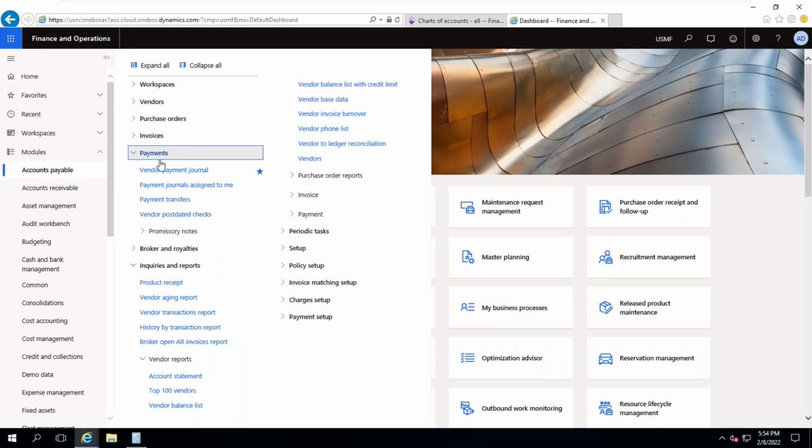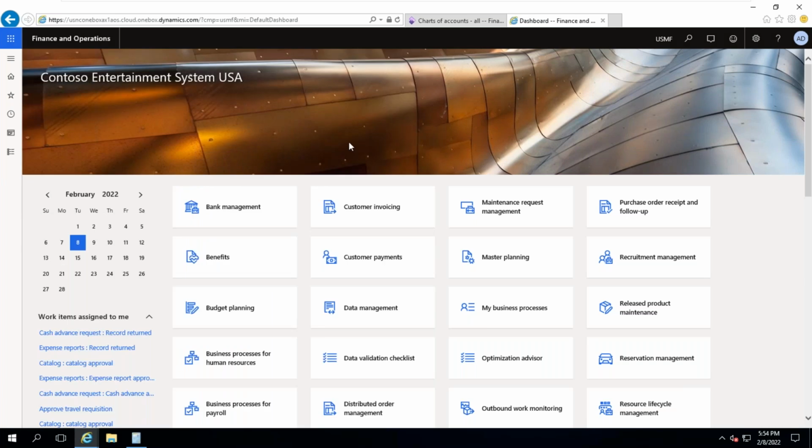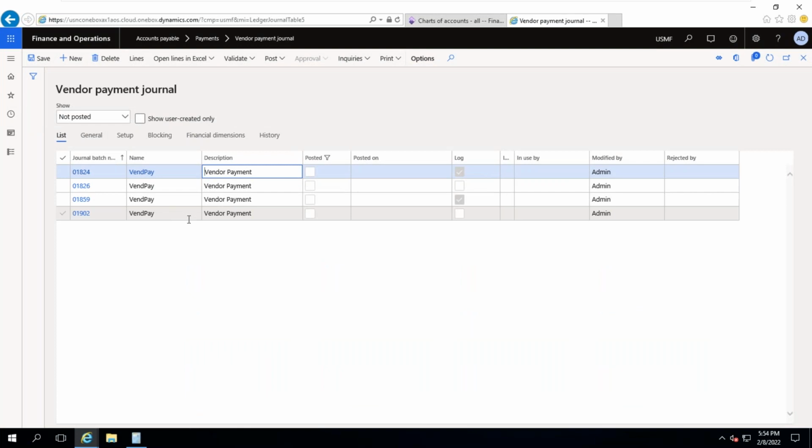Vendor payments. This is also one of the important pieces of information, of course. Let us understand. I'm clicking on the existing one. This is a small extension, I mean to say, a kind of customization.